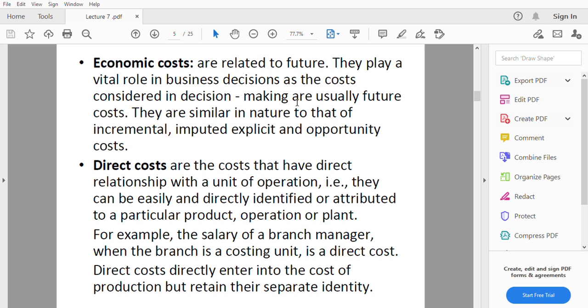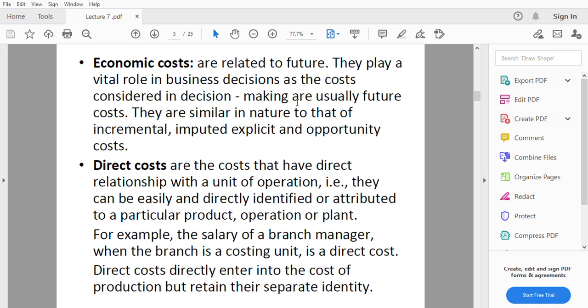They play a vital role in business decisions, as the costs considered in decision making are usually future costs. They are similar in nature to incremental, imputed, explicit, and opportunity cost. This economic cost is a cost considered by economists but not considered by accountants.